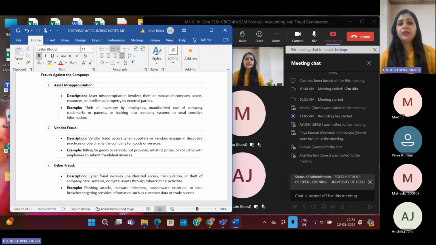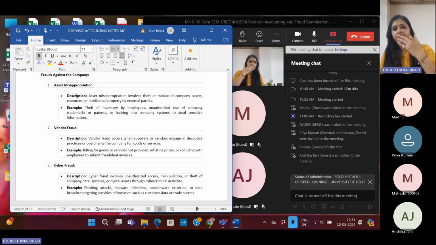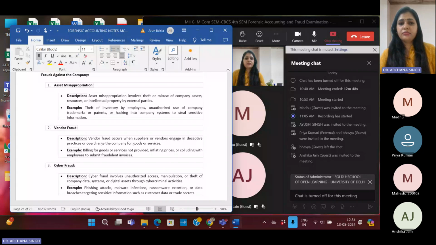The assets may be misappropriated, misused, or stolen by external parties, for example theft of inventory by the employees, or unauthorized use of the company's trademarks, patents, and databases by other external parties, or the company's database or sensitive information has been hacked by external parties.